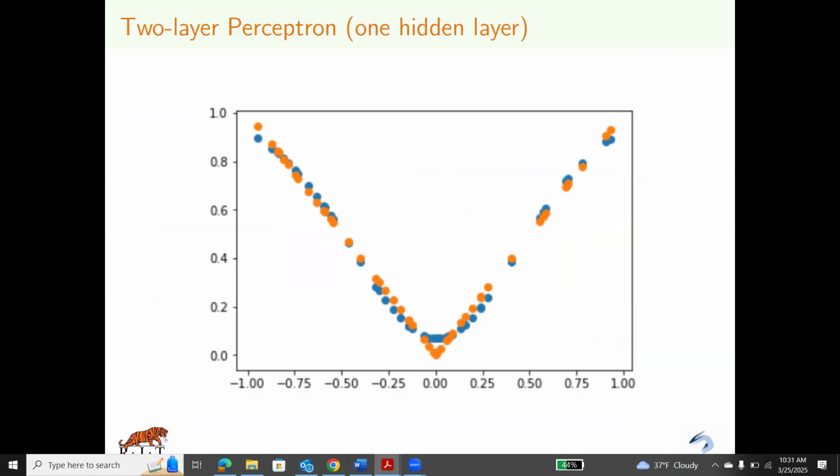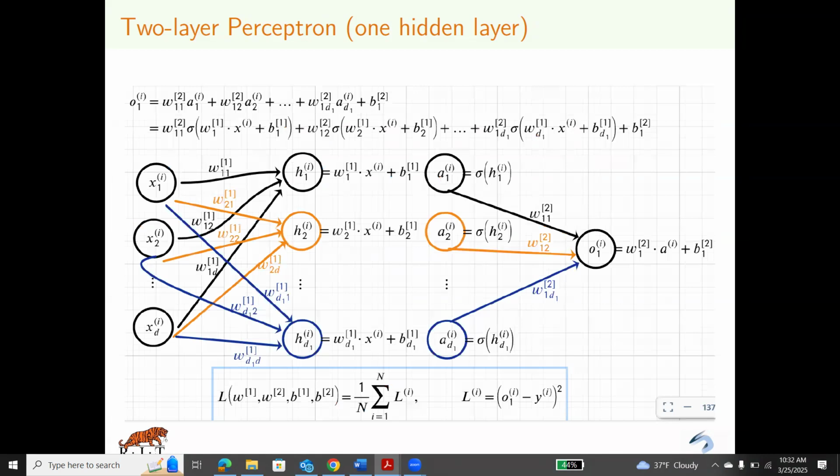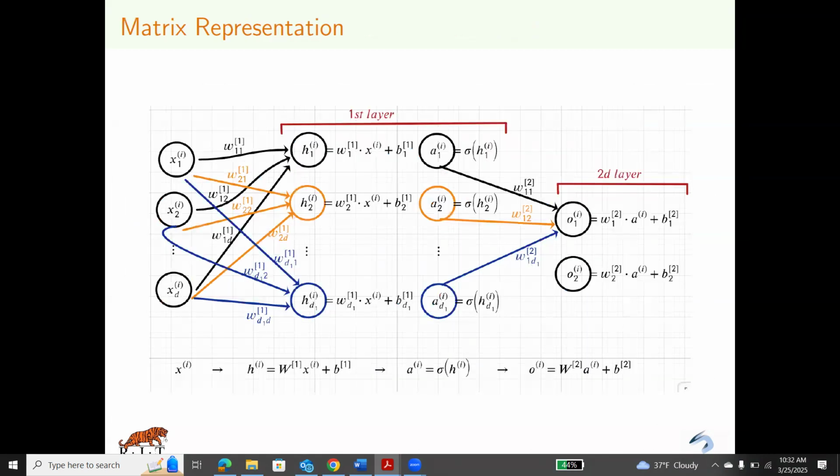This is an example: we want to approximate the absolute value function with a neural network. Then the output will be one dimension. But if it were a two-dimensional image, then the output could be two-dimensional.